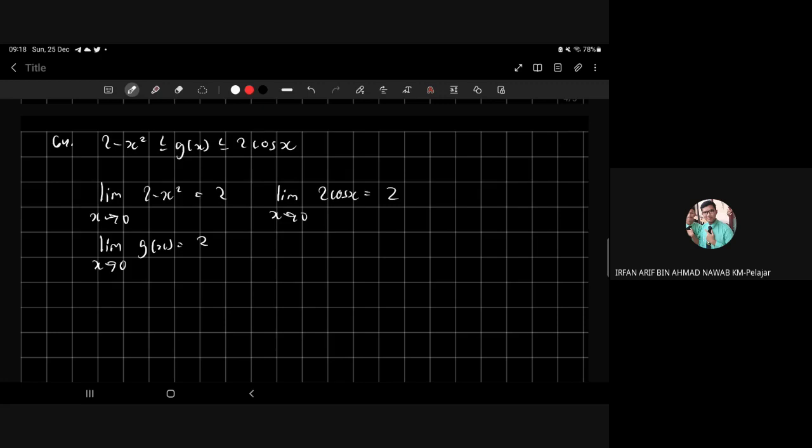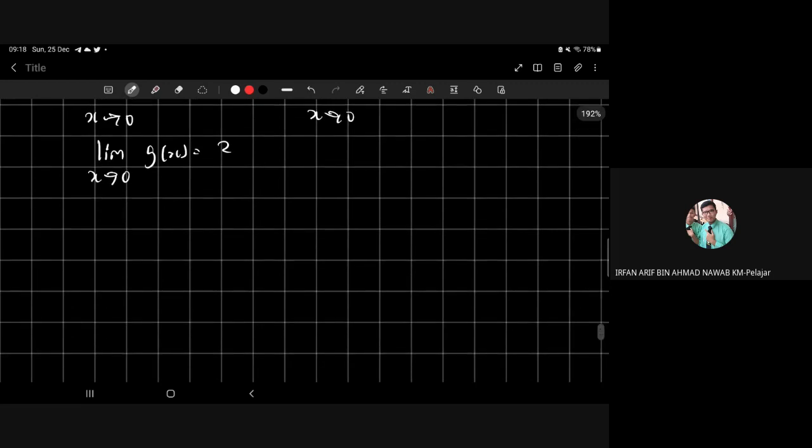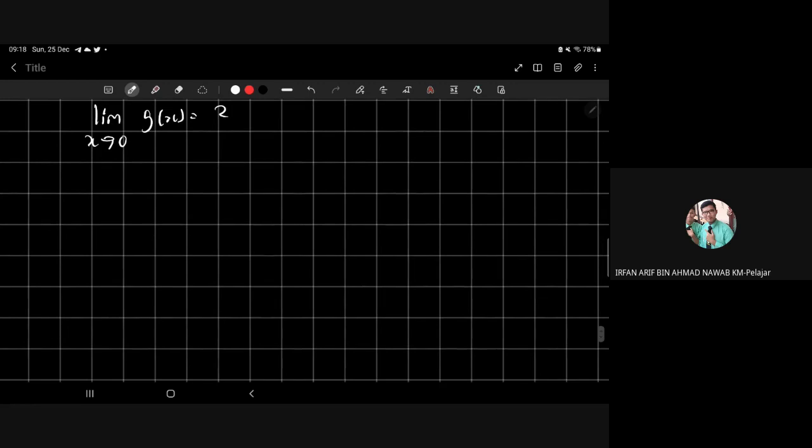Before I enter the trigonometry section, I would like to discuss the one side limits. Let me graph here to give you a picture of what I'm talking about. This dot indicates the endpoint.